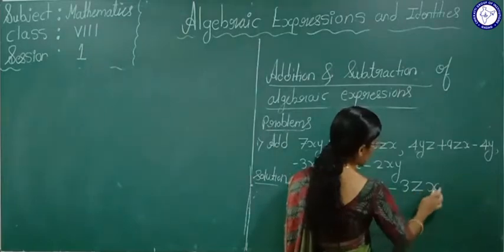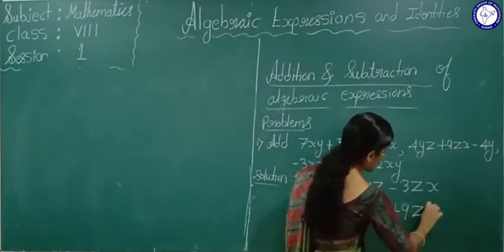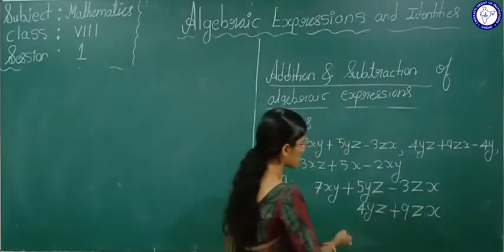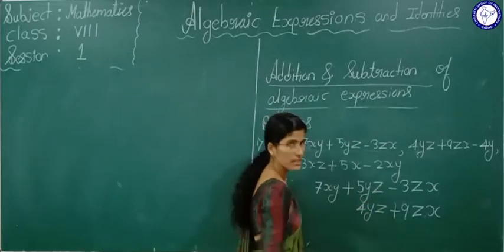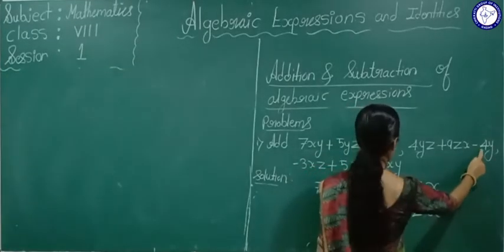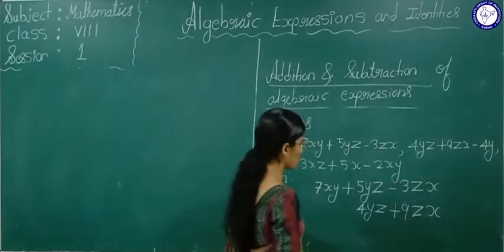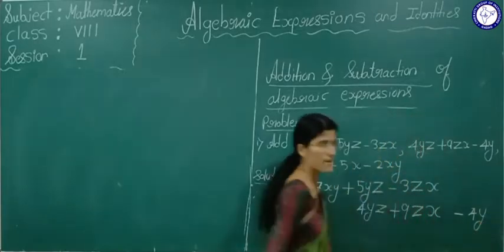Here zx is a like term, zx, right? Plus 9zx. So like terms you have to keep in one column only. See here, yz, zx. Now see here, the minus 4y is given. Okay, we will keep at this side minus 4y.